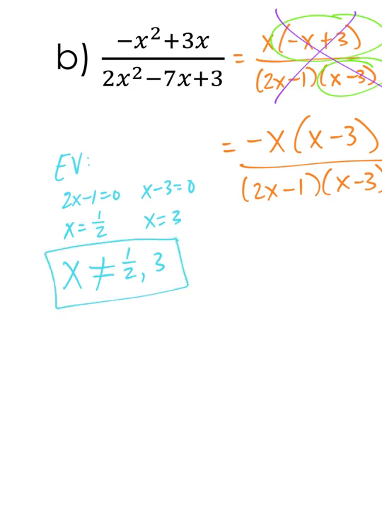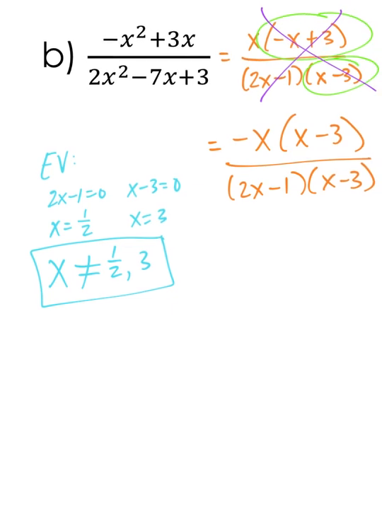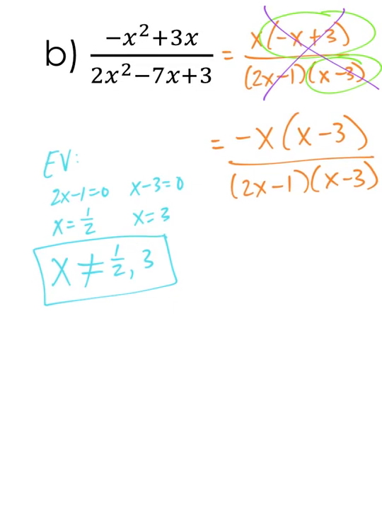That's my excluded value. Now I'm going to focus on my polynomial. I have x minus 3 on the top and the bottom. So I'm going to cancel those out. And that is going to leave me with negative x on the top and 2x minus 1 on the bottom.